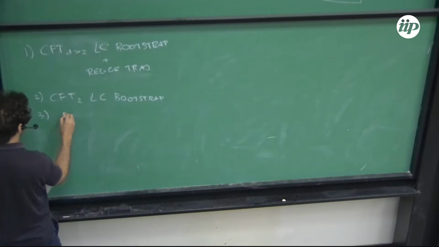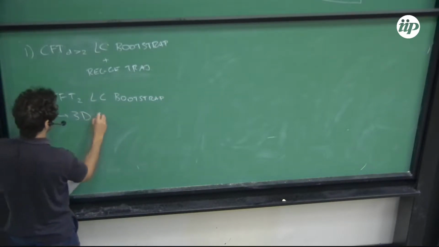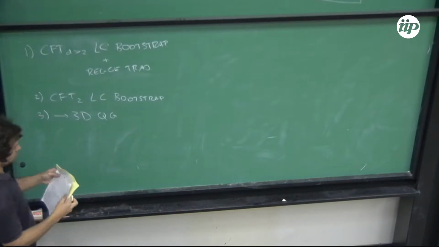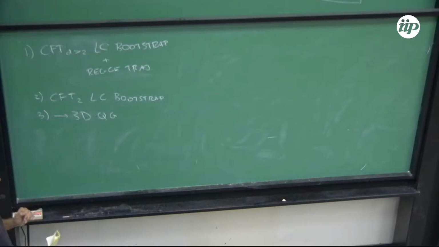Then I'll translate into 3D quantum gravity language. So I'll talk a bit more about what this implies about the bulk and how you can make contact with some nice pictures in AdS.